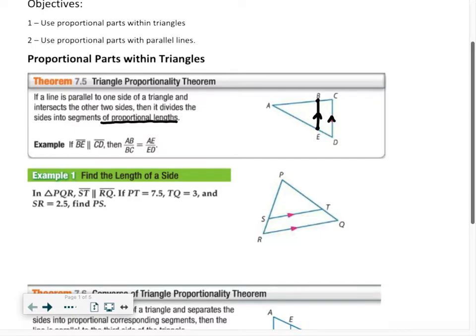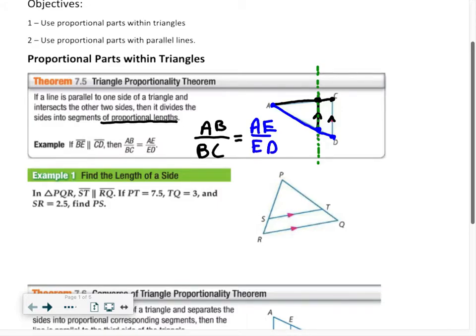Okay, and so what it's doing here is, if you can imagine, just kind of extending BE, well, it means that AB, A to B, over the shorter segment there, BC, is proportional to, we can do the same thing on the other side, AE, the longer segment, over the shorter segment, ED.